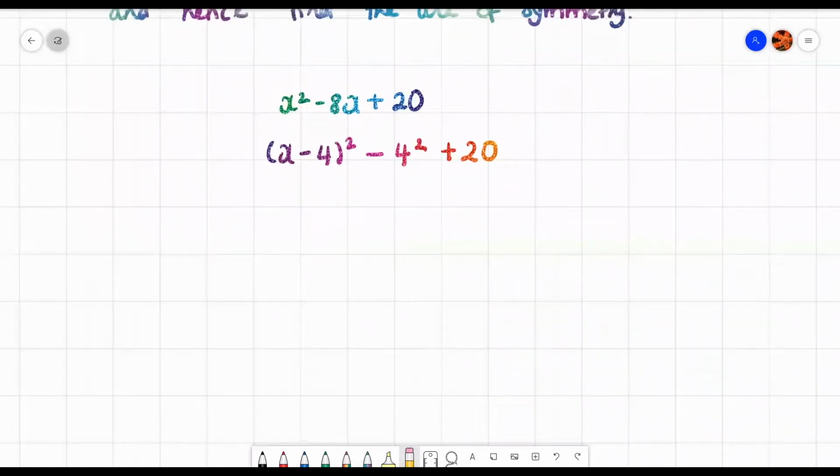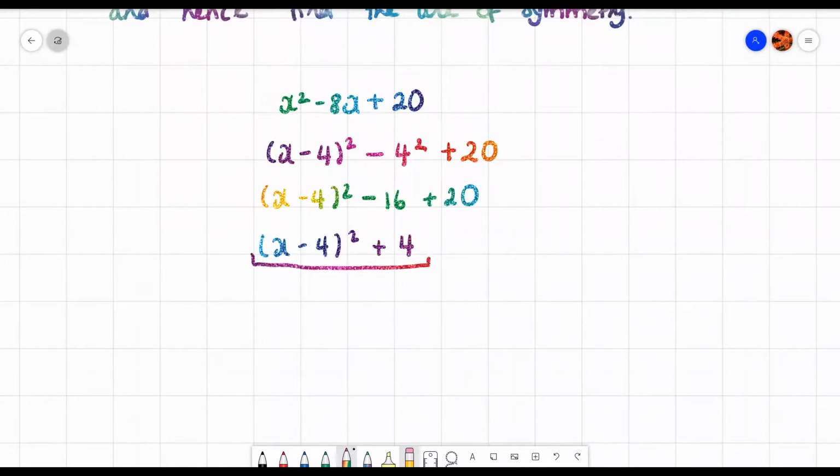So we've got x minus 4 squared minus, that here is not minus 4 squared. So don't be tempted to do minus 4 times minus 4 is positive 16. It's just subtract 4 squared. The minus does not belong to the number 4. So 4 squared is 16, plus 20. x minus 4 squared, minus 16 plus 20, is positive 4. And there we are. That's your first part of the question.